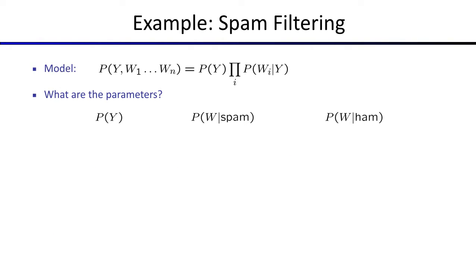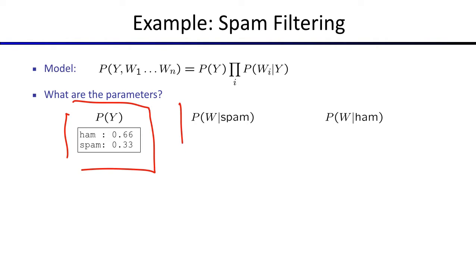Okay, and so to come back to the spam filtering example one more time, what are our parameter tables going to look like? They're going to look like this. First of all, for P of y, what do we think about for P of w given spam? That is to say, this is a distribution over all the words in the language. What is the most probable word to see in a spam email?